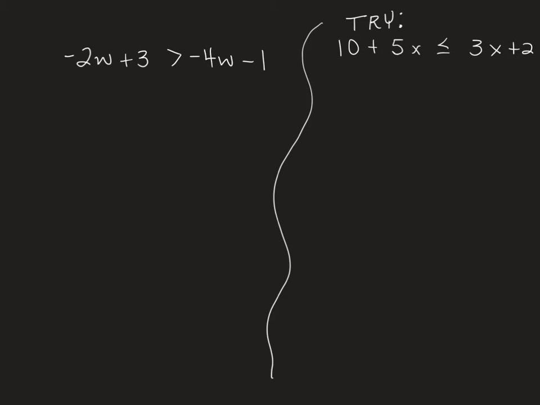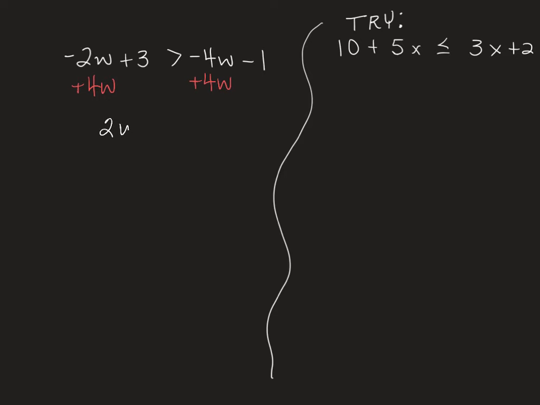So I'm going to want to move a variable so it is on one side or the other and not on both. My preference would be to move my w to the left-hand side and my constants to the right-hand side. And I'm going to go about doing that. So I'm going to add 4w here, add 4w here.